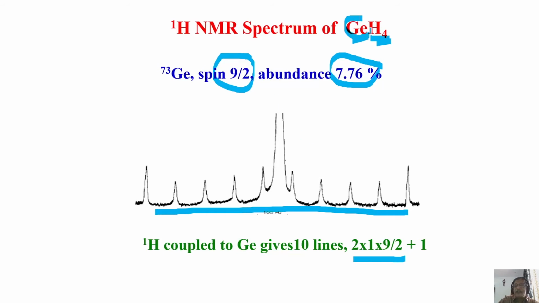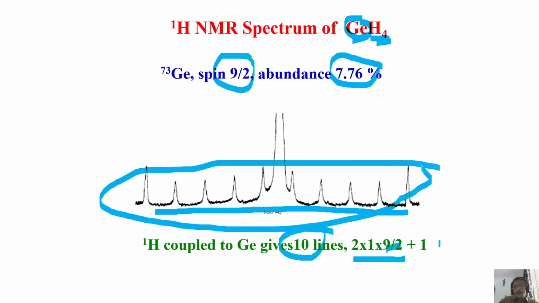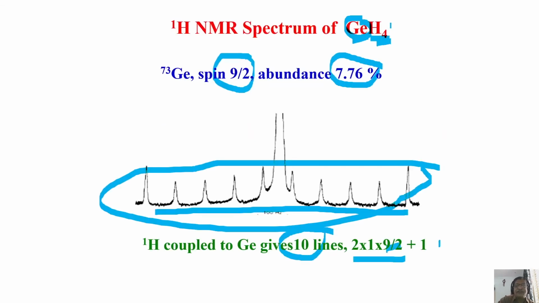Spin is 9/2, and 2 into 1 into 9/2 plus 1 gives 10 lines. Count 1, 2, 3, 4, 5, 6, 7, 8, 9, 10. All 10 lines are seen here. Do you understand? So this is again satellites. When you analyze the satellites, you will get germanium proton couplings.